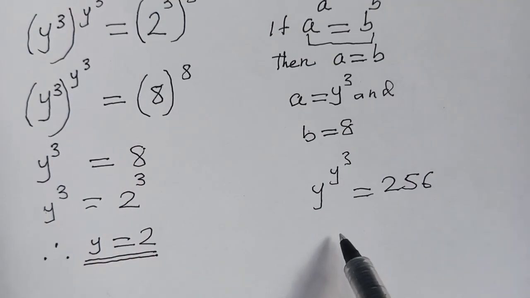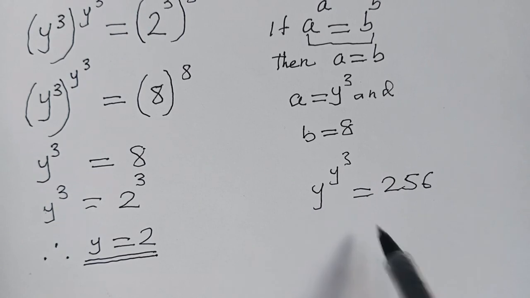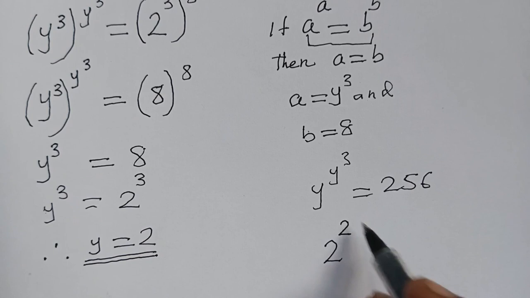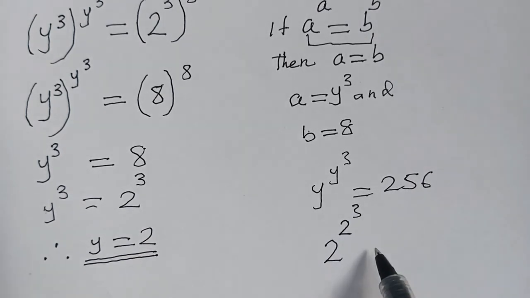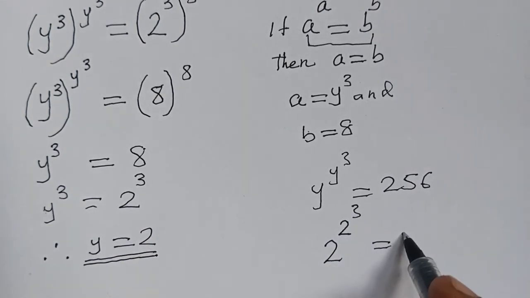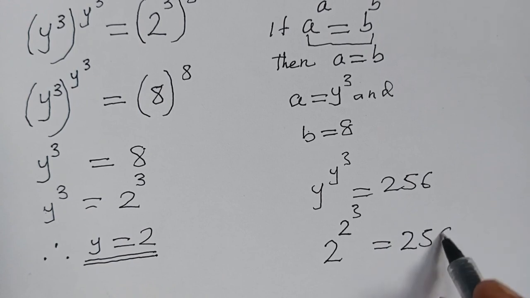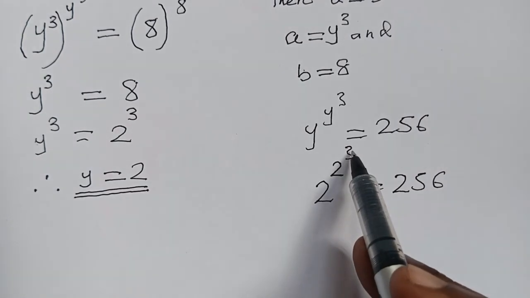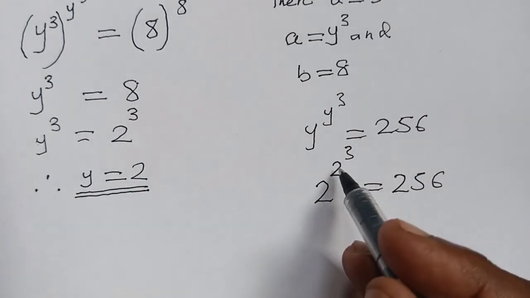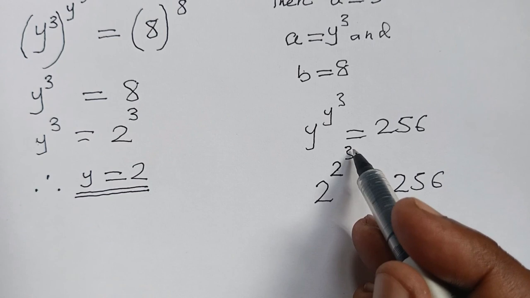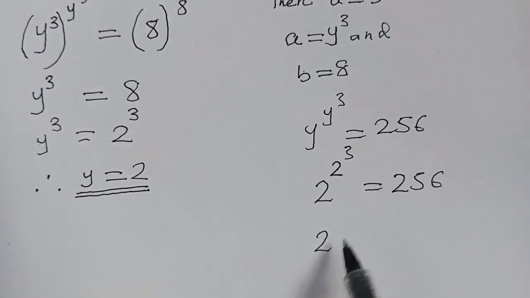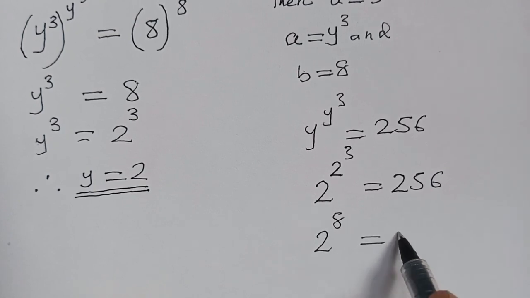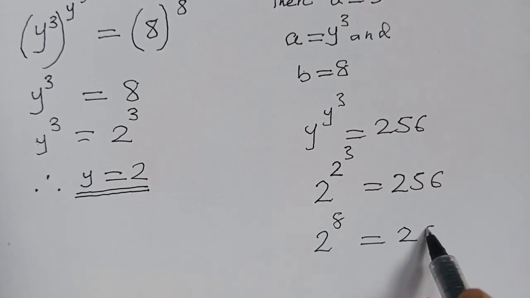So substituting the value of y, we have 2 raised to 2 raised to 3 equals 256. Now, considering the left-hand side, we know 2 power 3 equals 8. So we have 2 power 8, which is equal to 256.